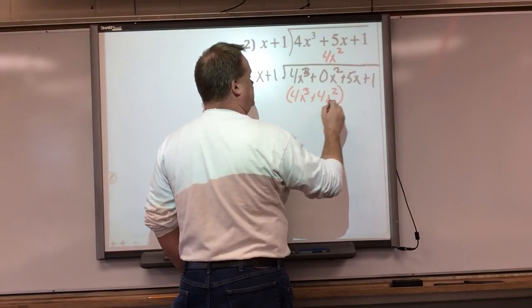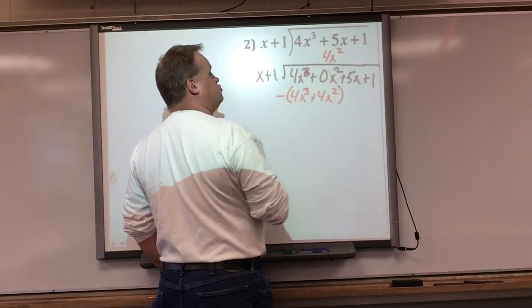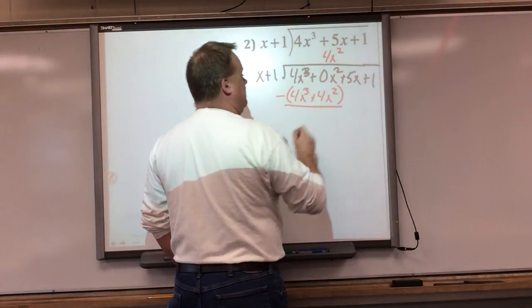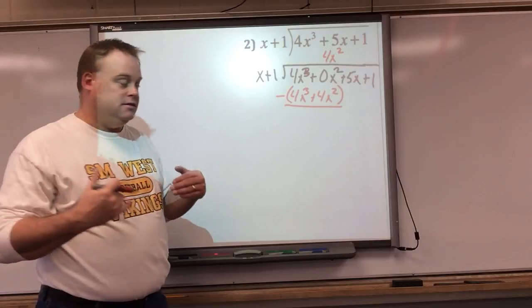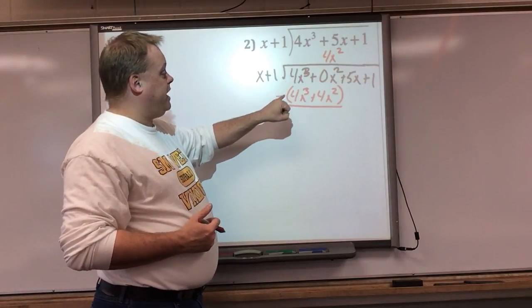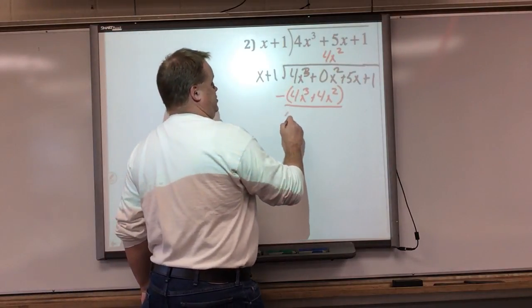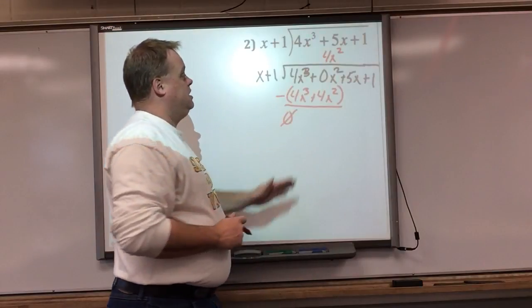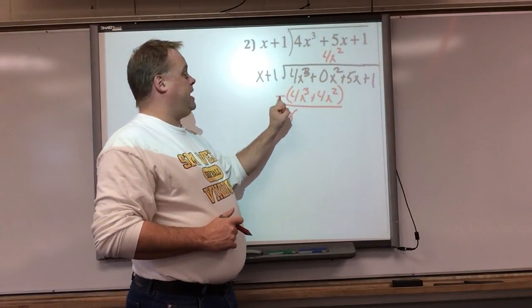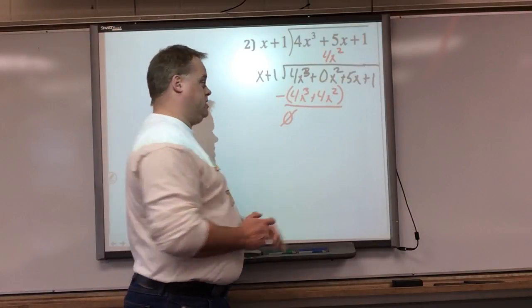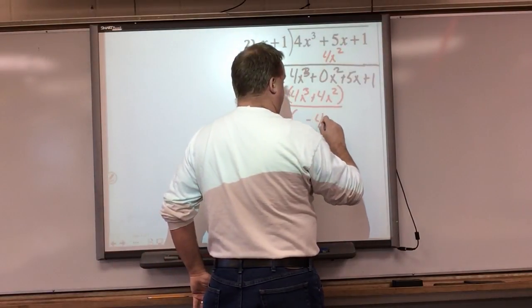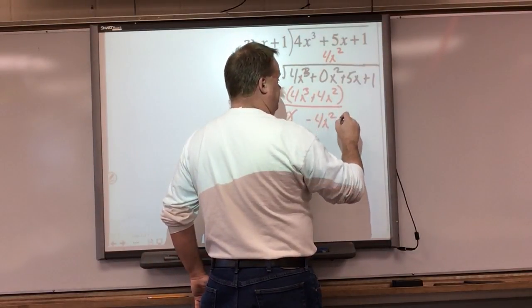Put it inside parentheses. Why? Because I am going to subtract these from the top. Remember, I'm going to subtract. 4x cubed minus 4x cubed is no x cubes. 0x cubed minus 4x squared becomes negative 4x squared. Bring down the 5x.